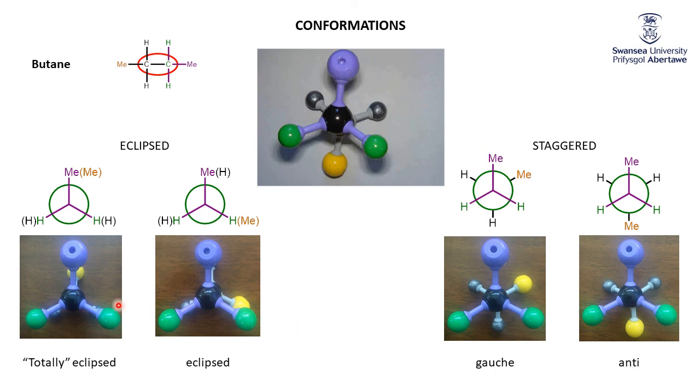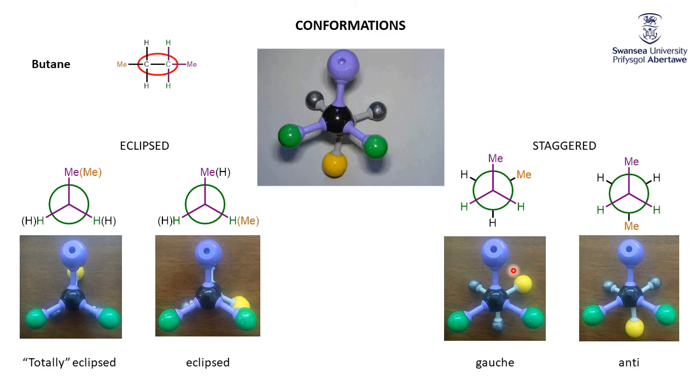So there are the 4 important conformations associated with butane, not just eclipsed and staggered as we saw with ethane, but totally eclipsed or just eclipsed depending upon where the back methyl is relative to the front methyl, or staggered could be gauche or anti, again based on where the back methyl is relative to the front methyl.